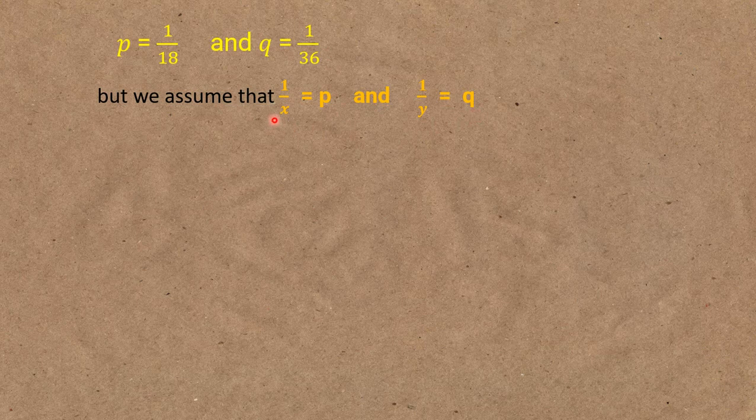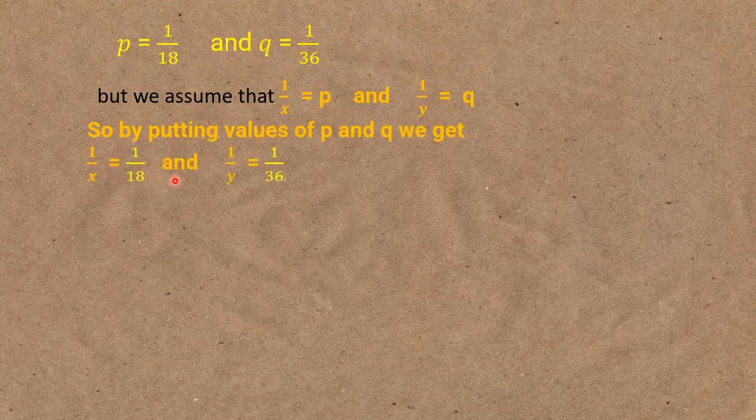Actually, we have to find the value of variable x, that is the work done by a woman alone, and y, the work done by a man alone. So here 1 upon x is p; place the values of p and q. We get 1 upon x is 1 upon 18 and 1 upon y is 1 upon 36.